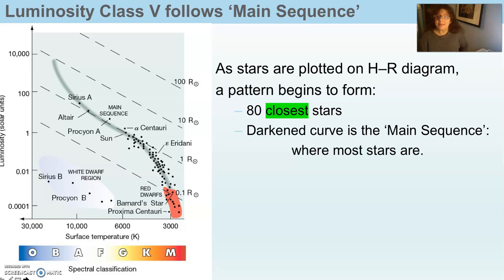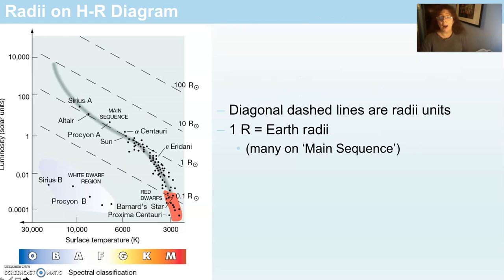When we look at the 80 closest stars to our sun, you know that the pattern forms along the main sequence. We've already discussed that. And when we look at this a little bit more closely, we can look at another part of this beautiful diagram that looks at radii of these stars. So the one radius runs right through our sun.